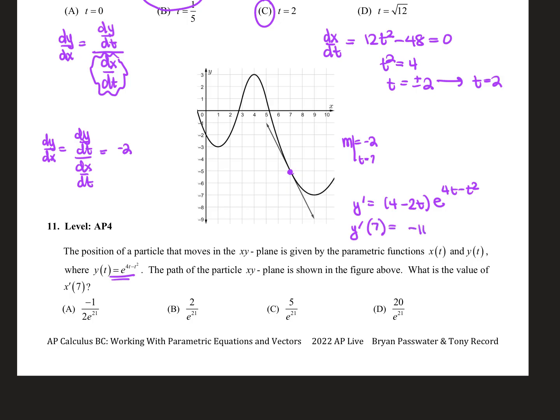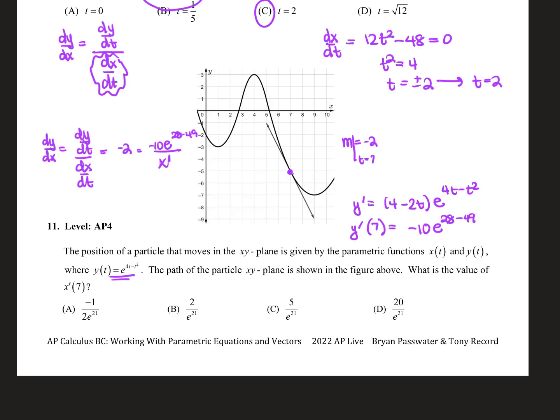So that's going to be -10 e to the 28 minus 49, and that's going to be equal to this, -10 e to the 28 minus 49 over x prime.